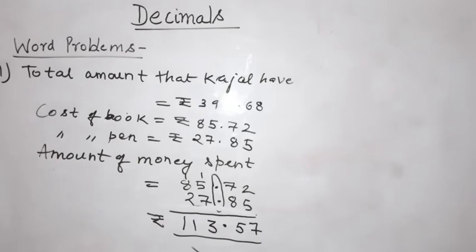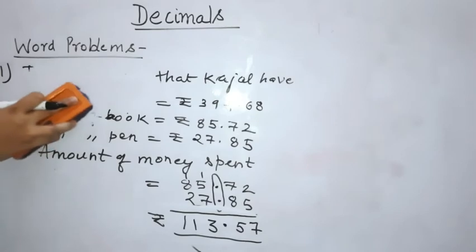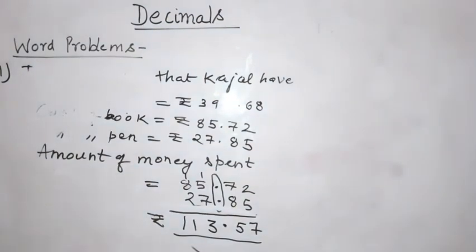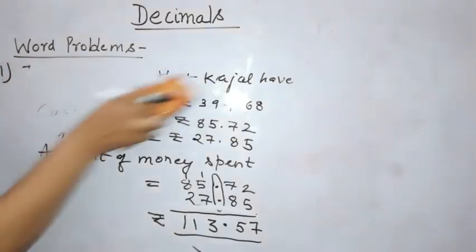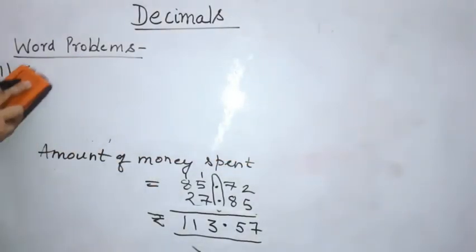Now the last and final statement of this question. Let's see who is commenting the final statement in the comment section. Let's see how many of you know the answer. So the final statement of this question will be money left with Kajal. Amount of money left with Kajal. Okay. Let me write the last statement. For that, what we have to do?